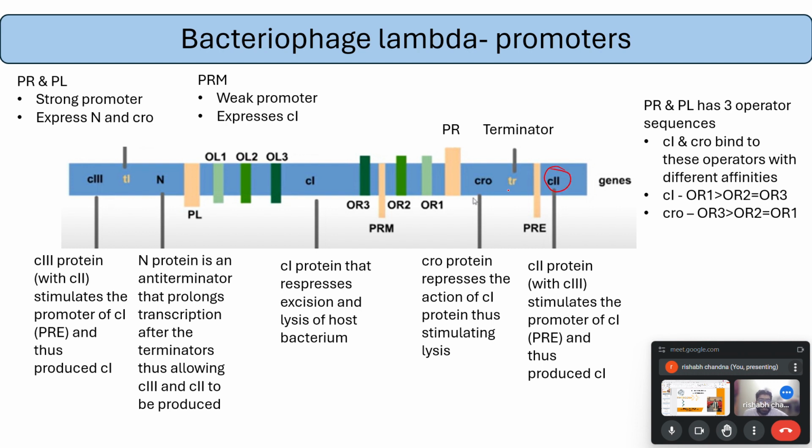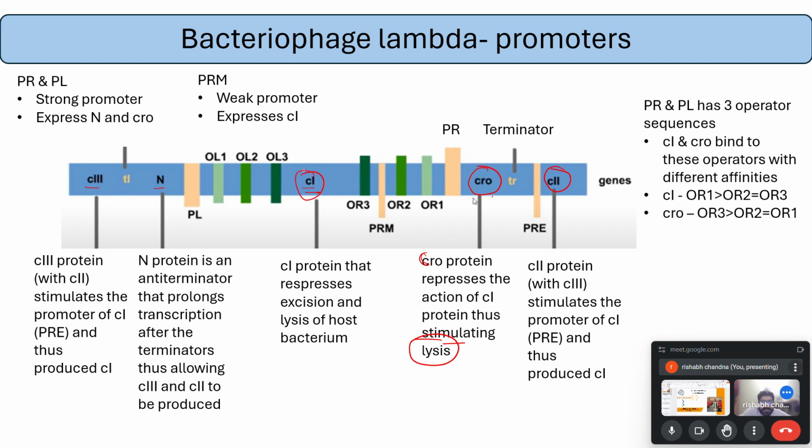Okay, or rather than starting with the Cro protein. Okay, because C3, C2, and C1 are linked, so we'll put them together. So there are five main important genes: C3, N, C1, Cro, and C2. Okay, the Cro gene basically leads to the formation of the Cro protein, which basically represses the action of C1 and stimulates lysis. So this is important for the lytic pathway.